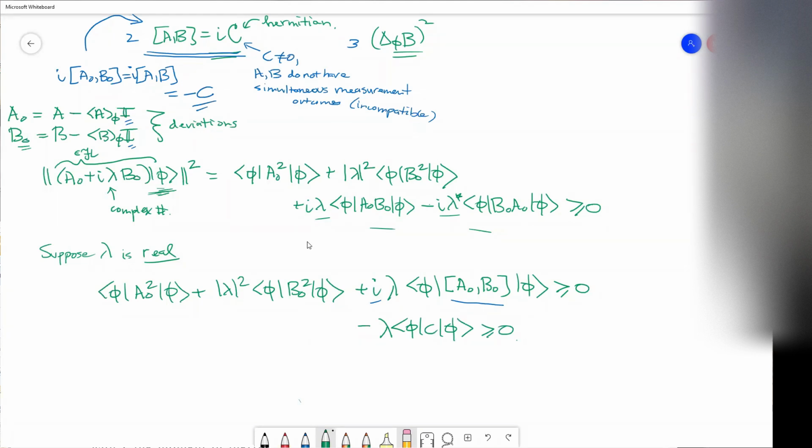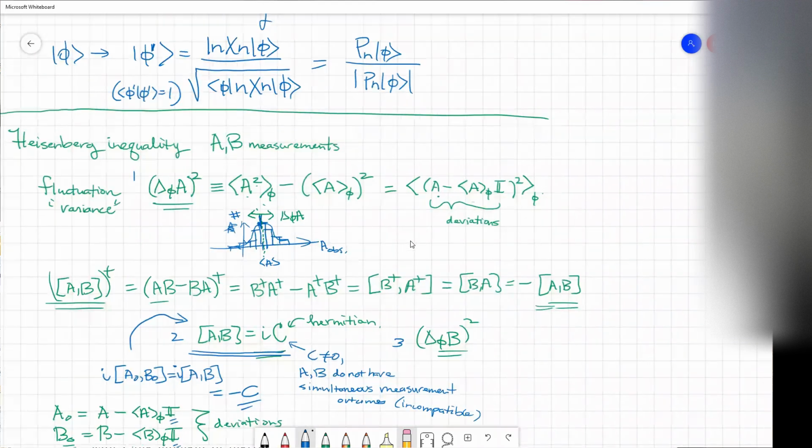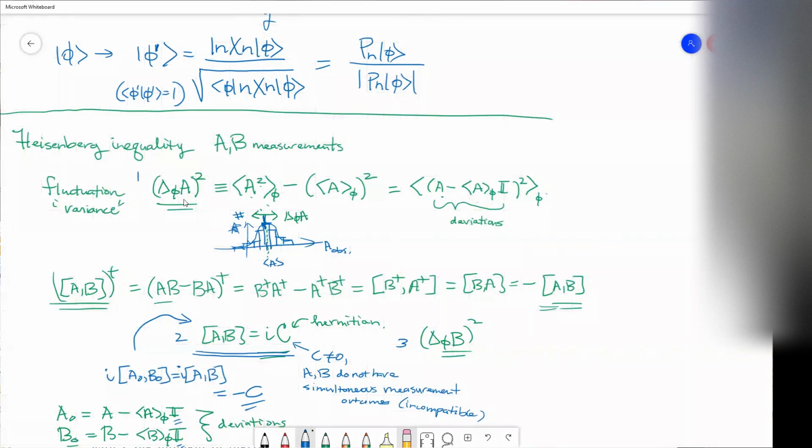And that's very good because lambda now comes in here as a quadratic form, right? There's a lambda here. And what are these guys? These are just the variances, right? This is a naught squared average, the fluctuation.